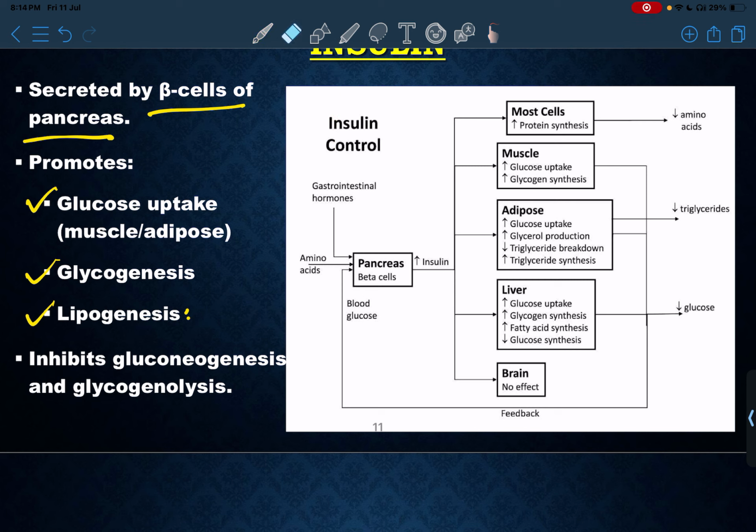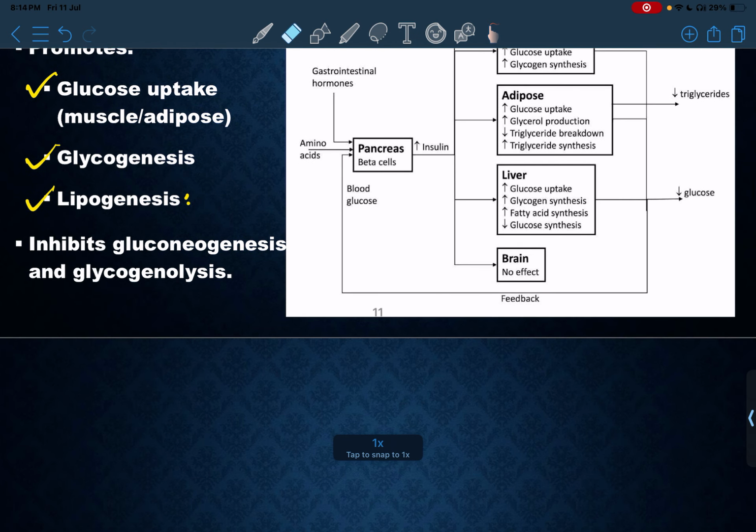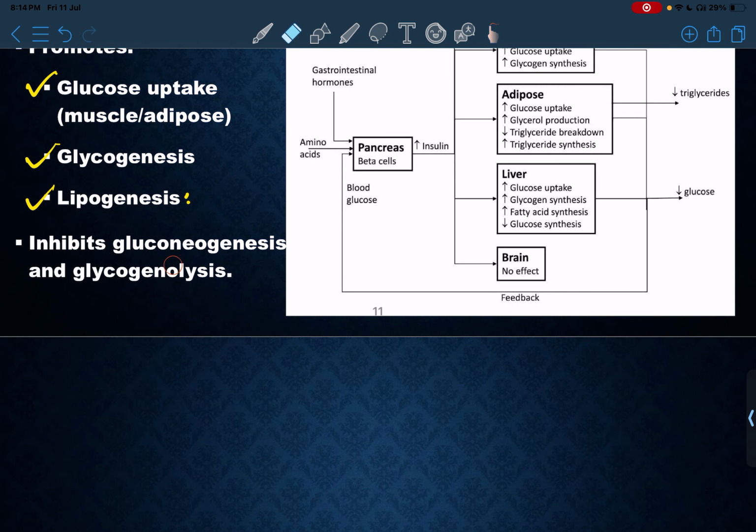When you take refined sugar unstoppably, the extra refined sugar will be stored as fat. This is called lipogenesis. It also inhibits gluconeogenesis and glycogenolysis, which is the formation of glucose from non-carbohydrate sources and glycogen.